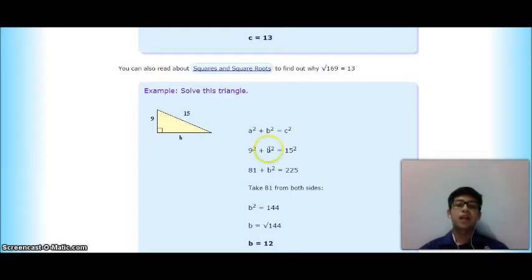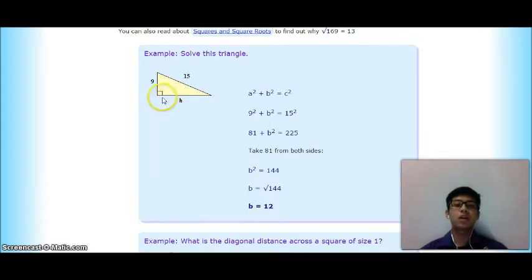We repeat the steps above using the formula a squared plus b squared equals c squared, and replace it with the information given on the triangle: 9 squared plus b squared equals 15 squared, which is the length of the hypotenuse. When we calculate this equation, b squared is 144, and under the square root it becomes 12. So the unknown side b is 12.